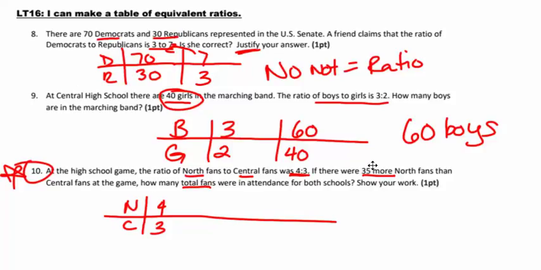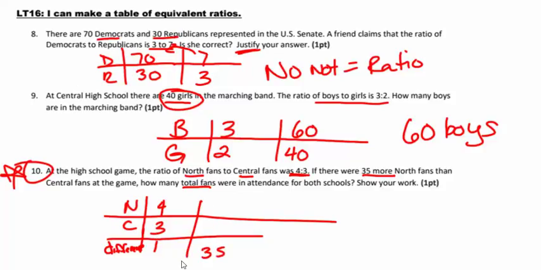Okay, so this is not a total, and it's not the North fans or the Central fans. I want to know how many more North fans there are than Central. So right now, how many more North fans are there than Central? There's just one more, right? So this is actually looking at the difference, not the total. Right now the difference is 1, but I want it to be 35.